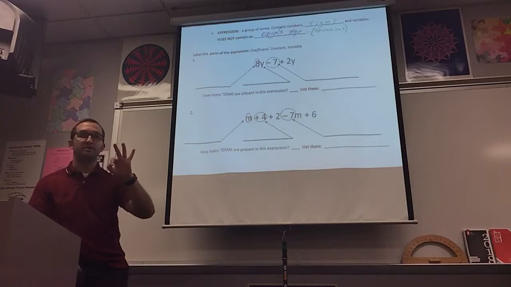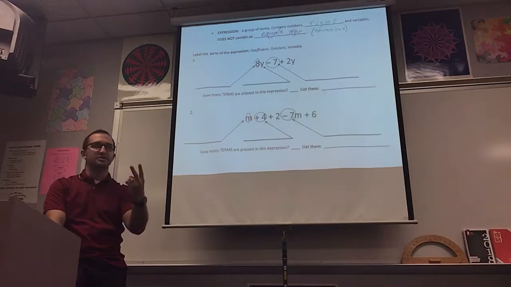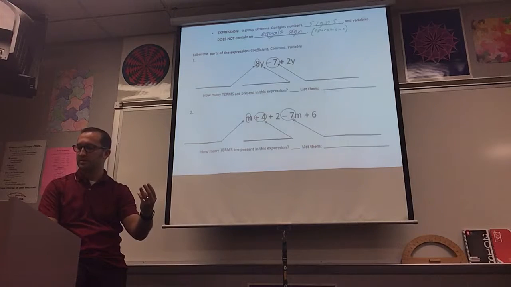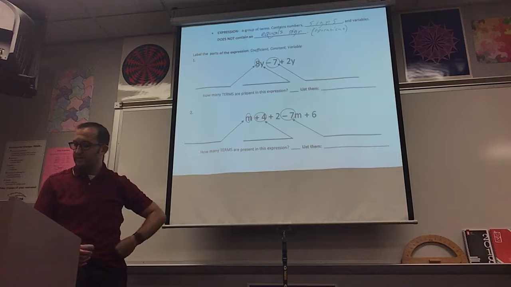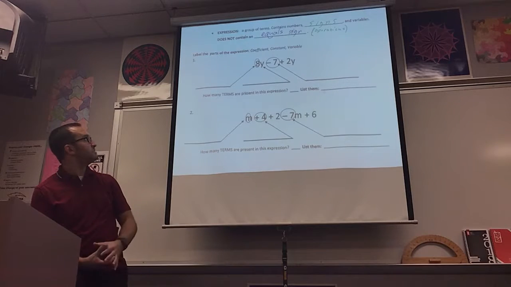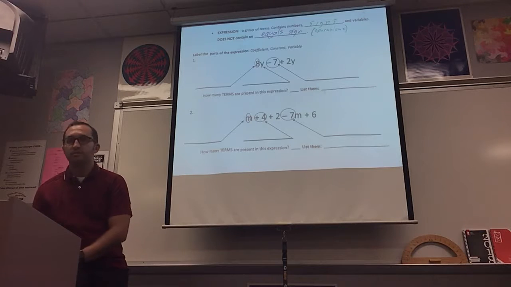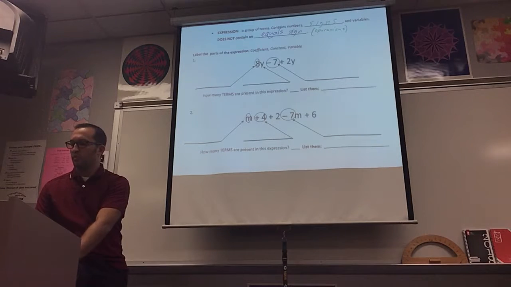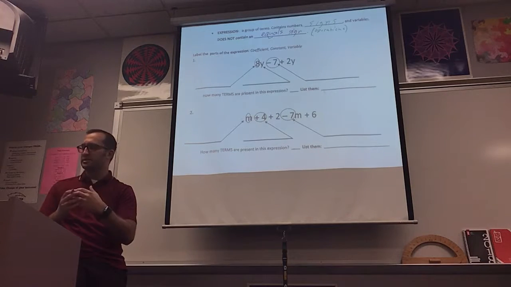So we have 3 parts of an expression that we focus on: coefficients, constants, and variables, right? Well, let's identify. I've given us 3 things. So we have our terms. We have coefficients, constants, and variables. So the 8. Which of those 3 is that one? Well, when we look at it, we have to describe what it's doing.